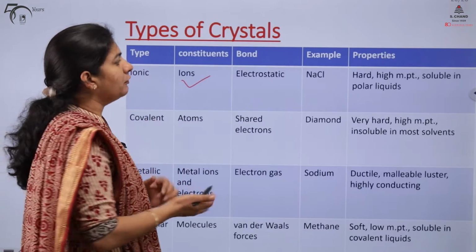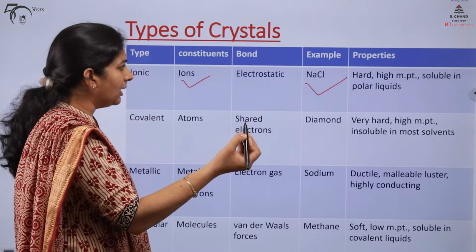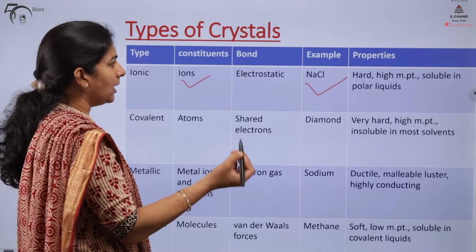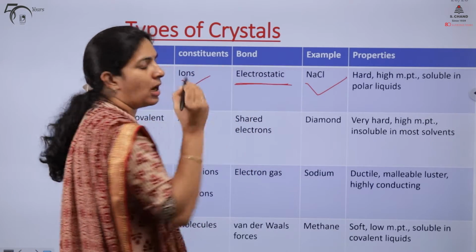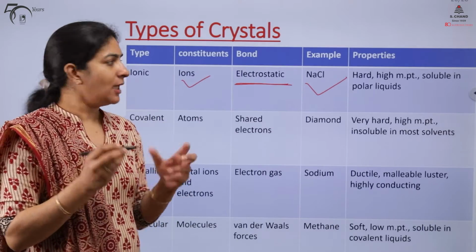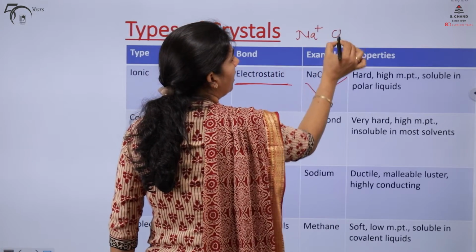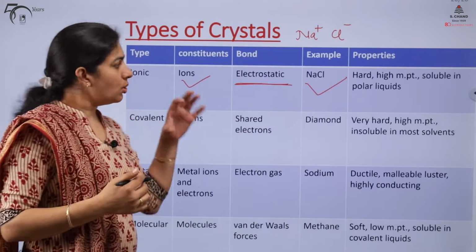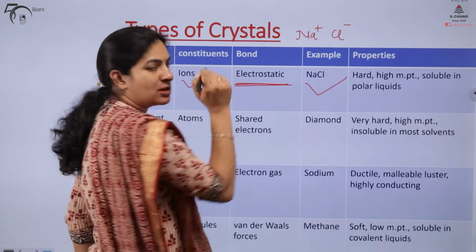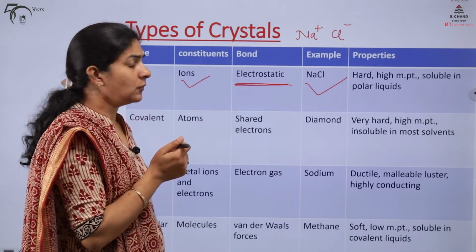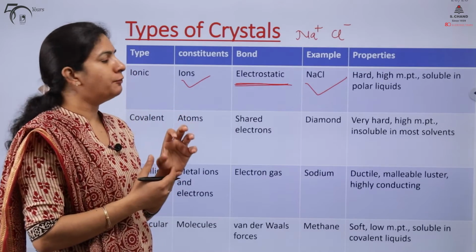An example of an ionic crystal is common salt, which we use in our day-to-day routine in our kitchens. And what kind of forces bind these ions together? We know there will be sodium ions and chloride ions, so the forces which bind the ions together are electrostatic in nature, right? Electrostatic forces are very strong forces.